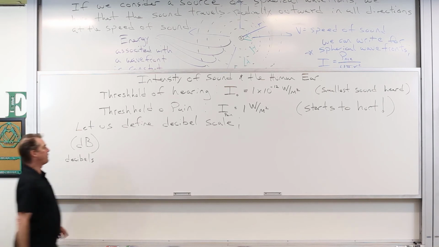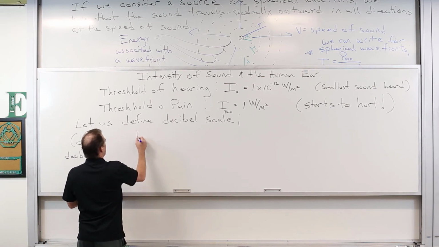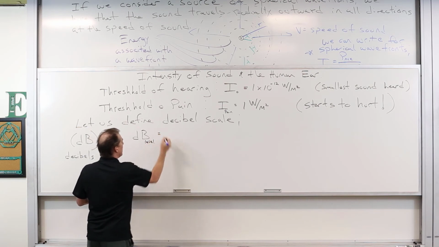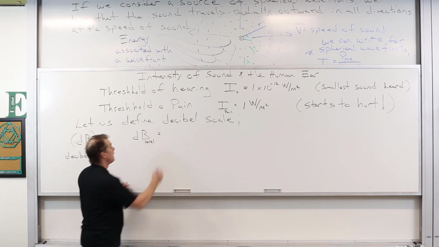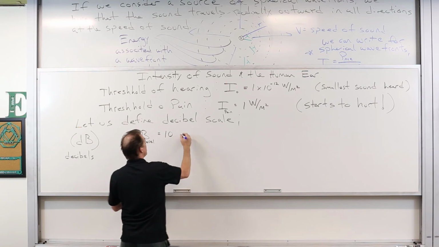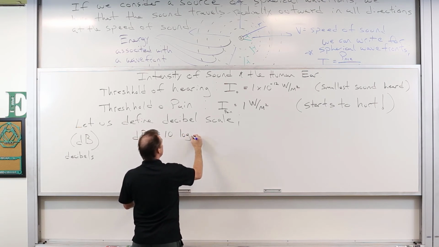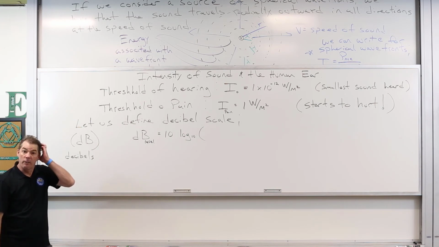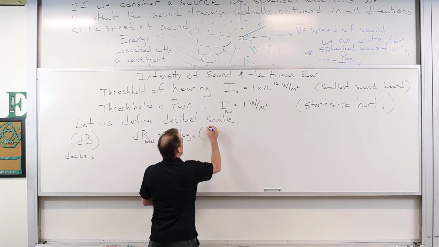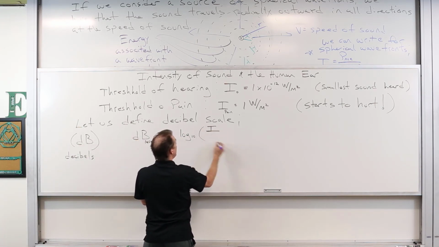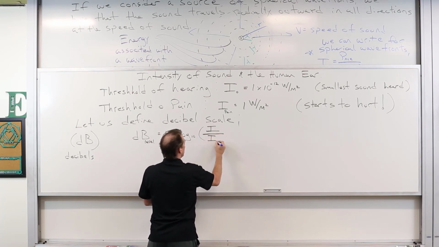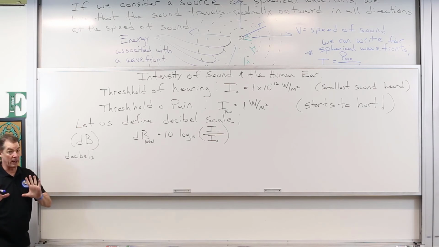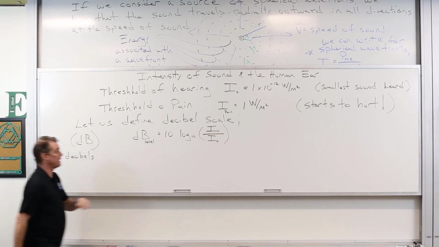So we've got this. Decibel level is equal to 10 times the log base 10 of the ratio of I to I0. It depends on a reference intensity.